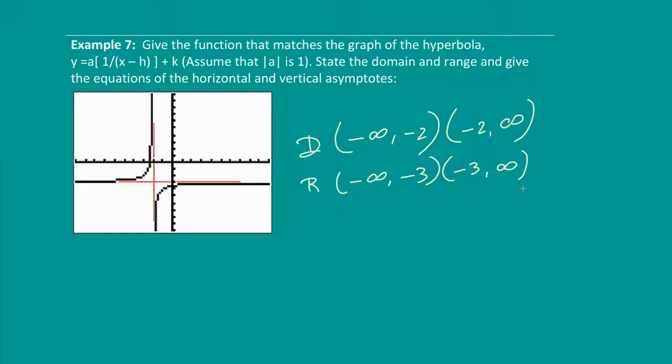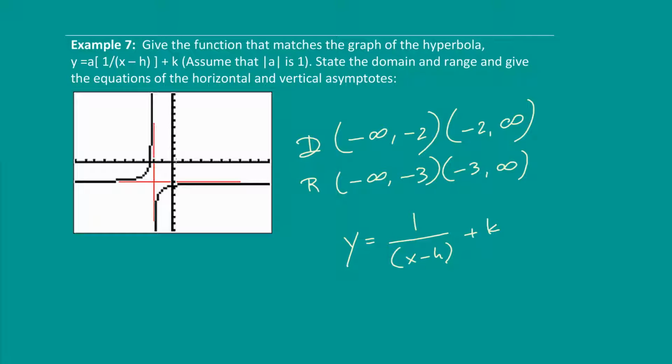So that's our range. What kind of function is this? Well, if we start with our base parent function, we're assuming that our stretch factor is 1. They're giving that to us. So we know that this is going to be 1 over x minus h, plus k.